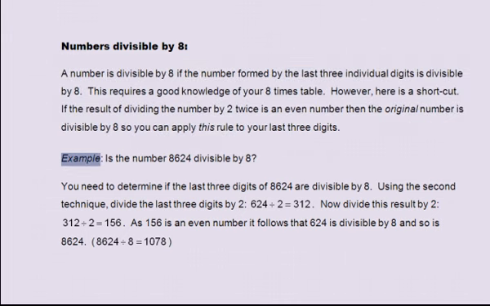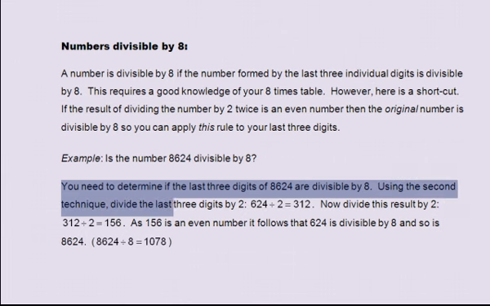Example: is the number 8,624 divisible by 8? You need to determine if the last 3 digits of 8,624 are divisible by 8. Using the second technique, divide the last 3 digits by 2. 624 divided by 2 equals 312.